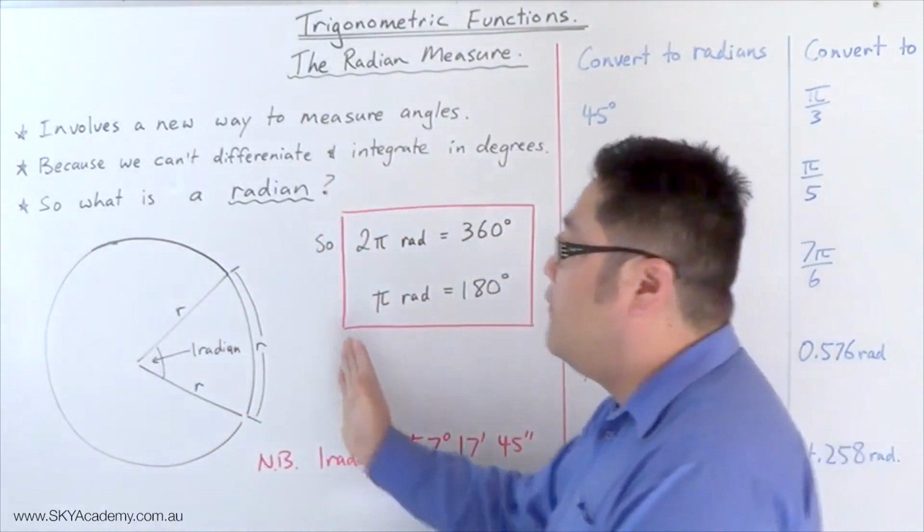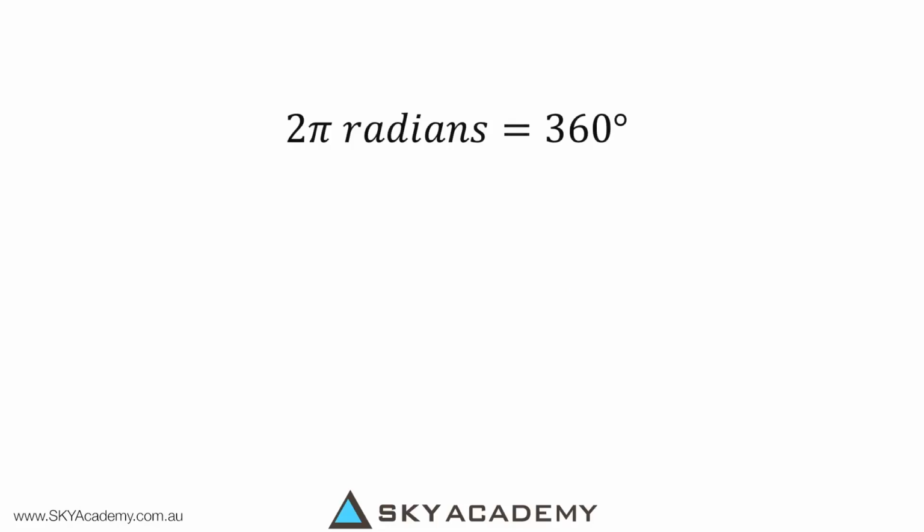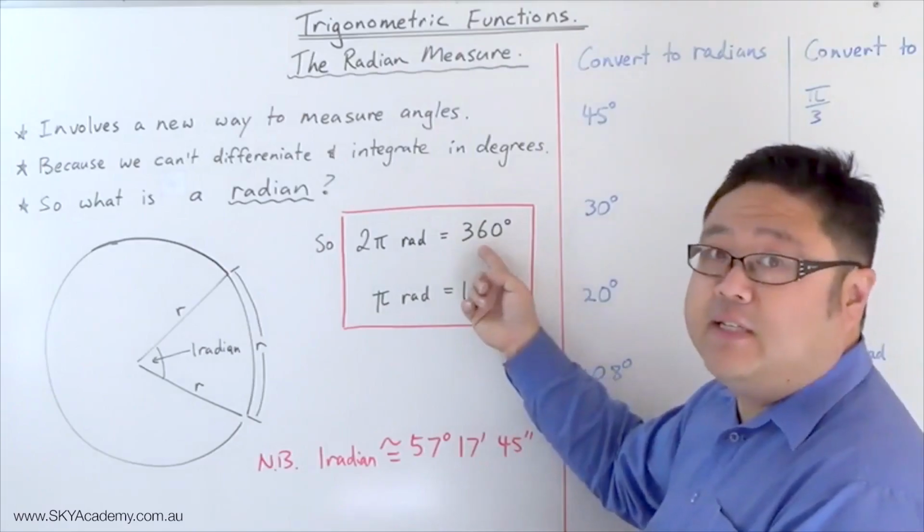The angle for the whole circle would be 360 degrees. Does that make sense? So 2 pi radians is 360 degrees.